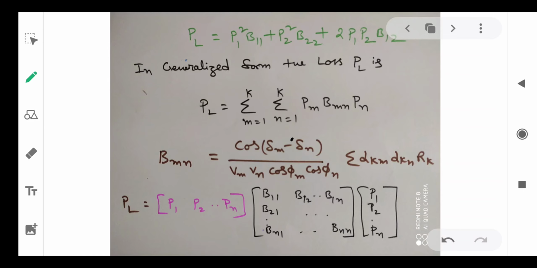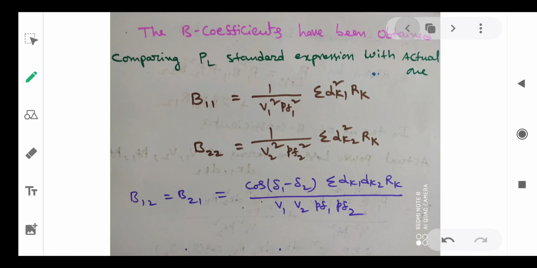Like that, you can obtain in matrix form PL is equal to P1, P2, up to Pn, and the B matrix B11, B12 up to B1n, in the next row B21 and so on, up to Bn1 up to Bnn, multiplied with the column matrix P1, P2 up to Pn. So this is the matrix form of the power loss.